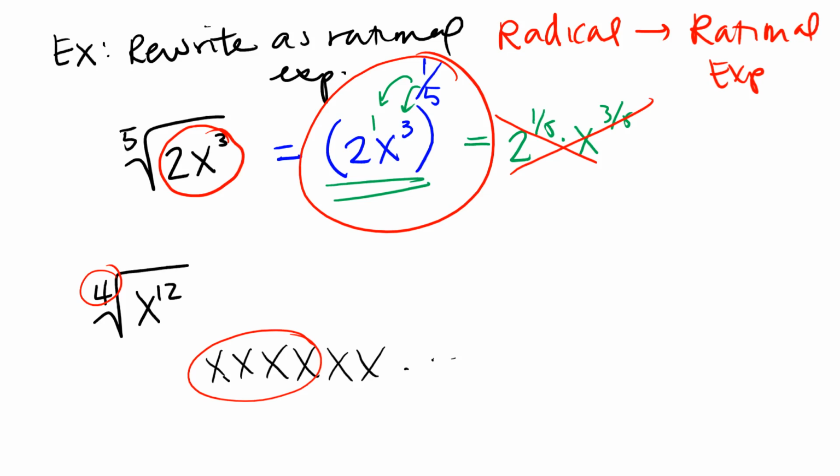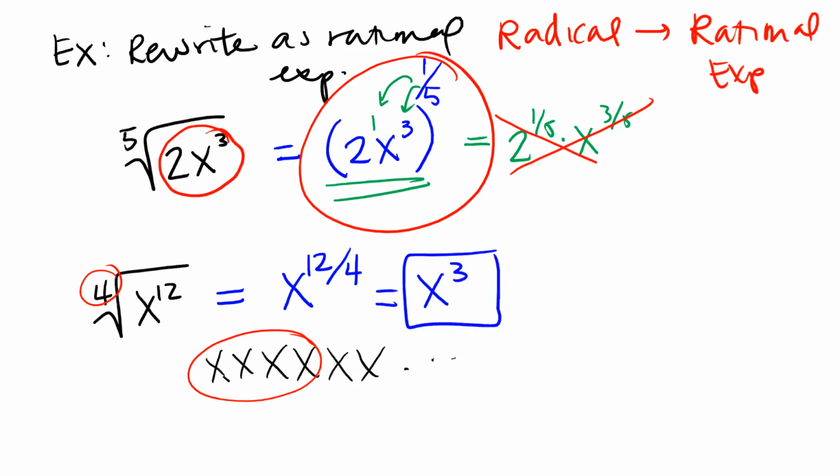Could be a pain in the butt. But if you rewrite this as a rational exponent, now we have x to the 12/4, right? Power is the numerator, index is the denominator, which is just x to the 3rd. I don't have to do all that business of circling things up.